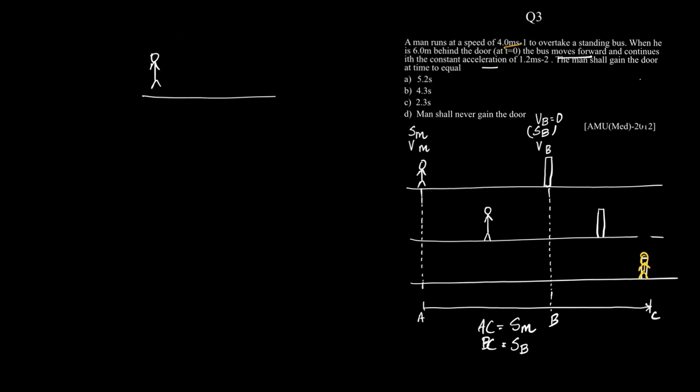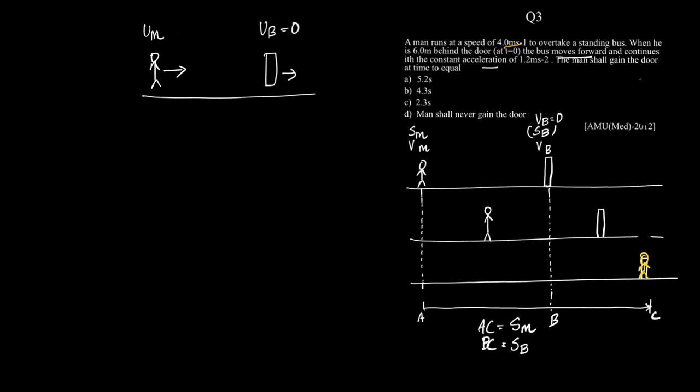So what I'm going to do is, we have a man moving with initial velocity um and a bus with initial velocity ub, right? Which is actually equal to 0, which doesn't matter here. We are just trying to understand the concept here.